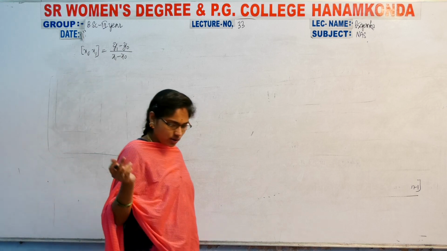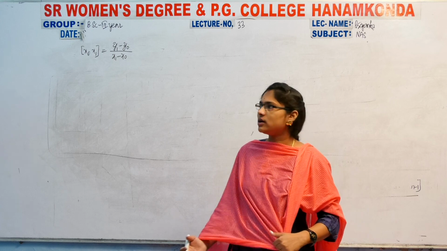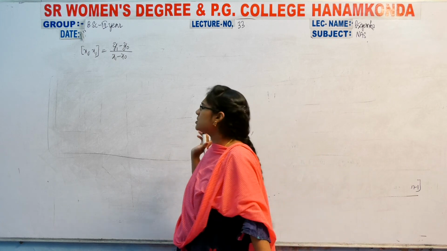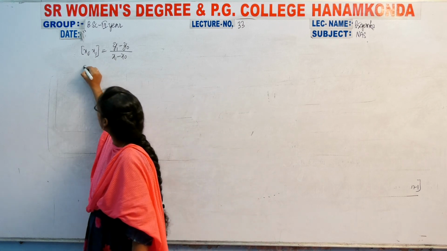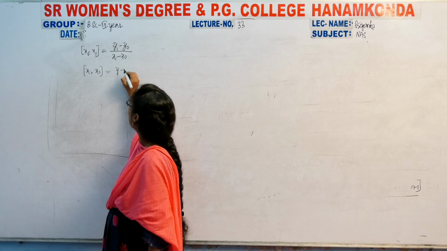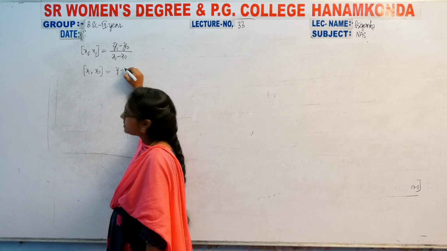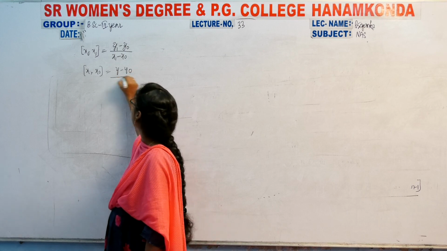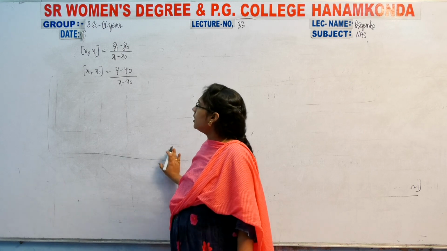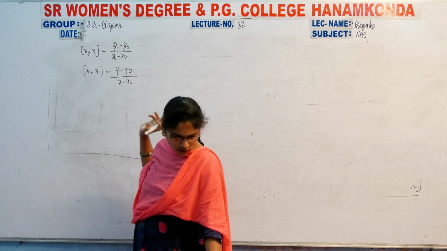Here they are saying Newton's general interpolation, so we have to find the value of y. Now I am taking x comma x0. Then y minus y0 by x minus x0.